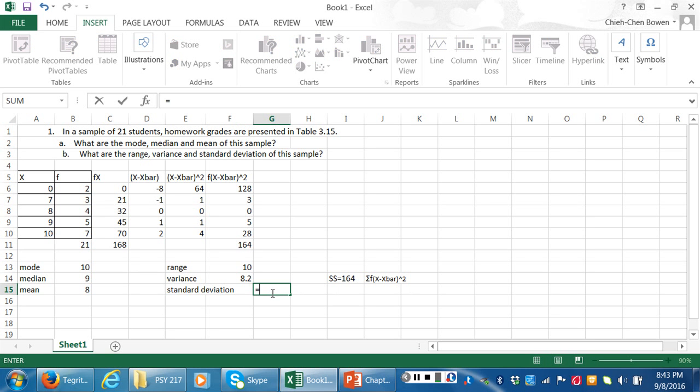Standard deviation is the square root of the variance. So grab the variance value. Square root in Excel is power 0.5, so you can just say power 0.5. Omit the 0, it's okay. Then hit enter. That is the answer for the standard deviation.